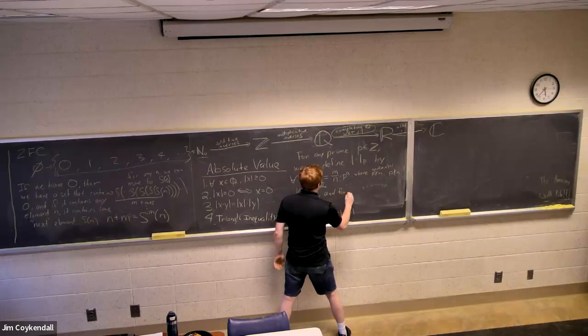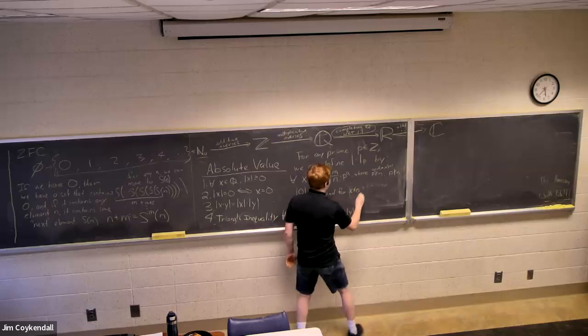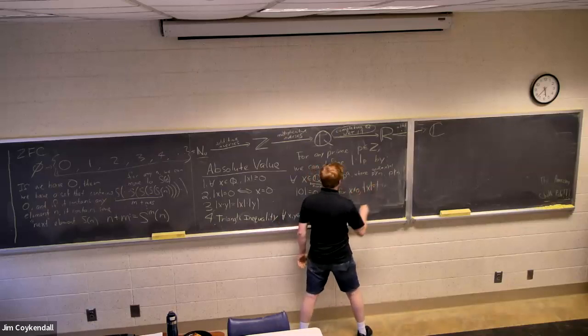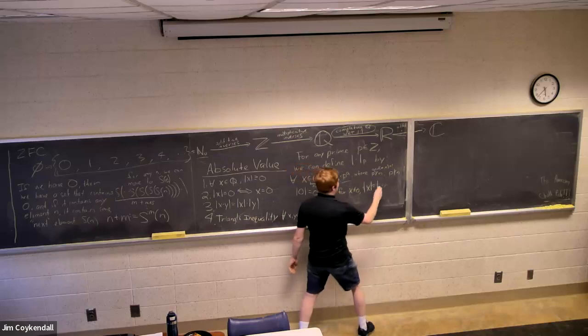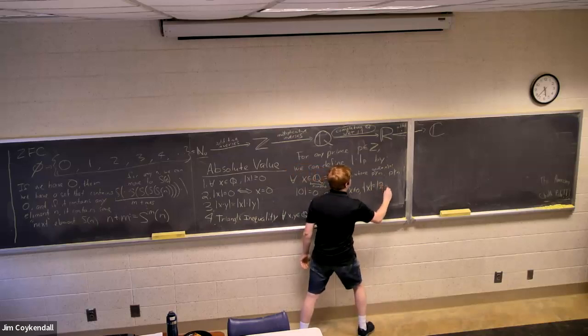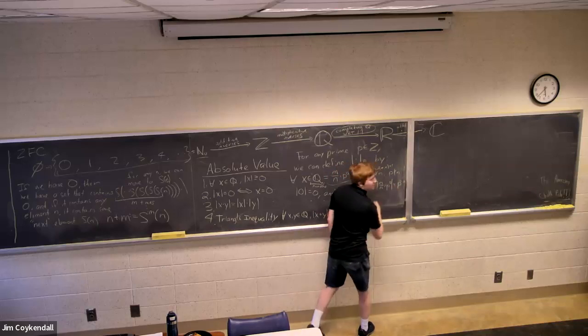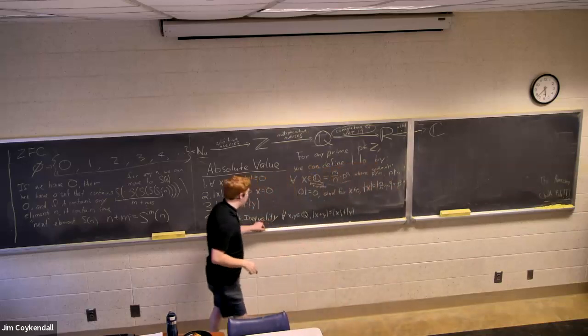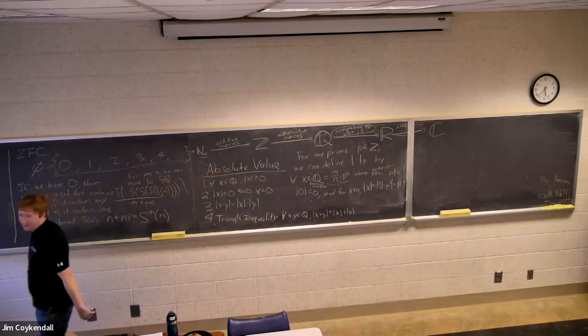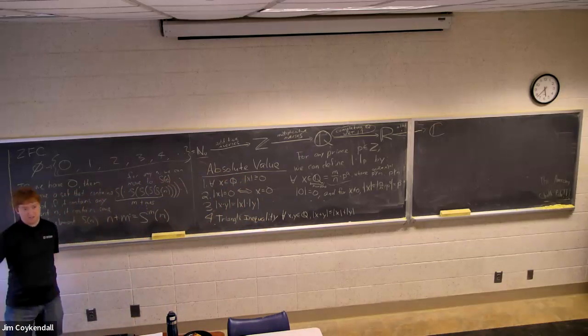And for x not 0, we can write the absolute value of x as the absolute value of m over n times p to the a, to be p to the negative a. So the more times p divides something, the smaller it is.